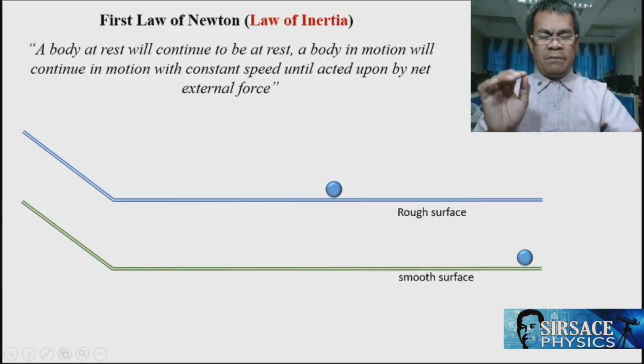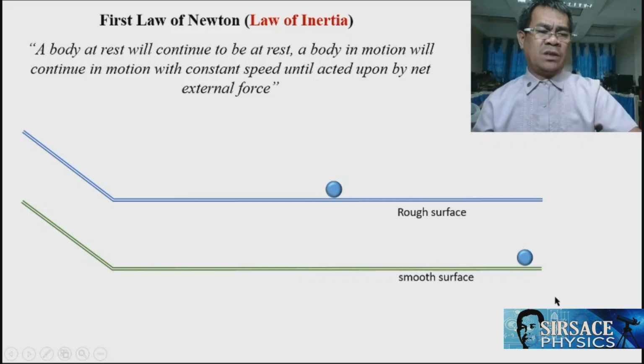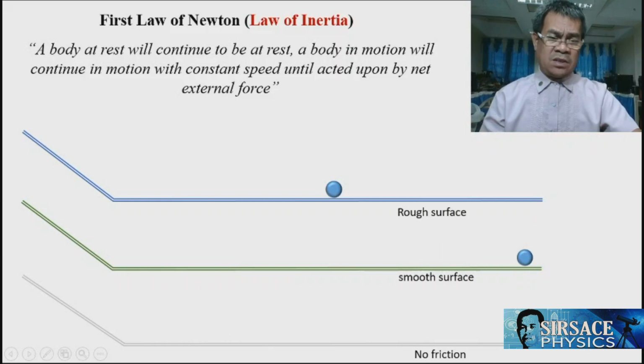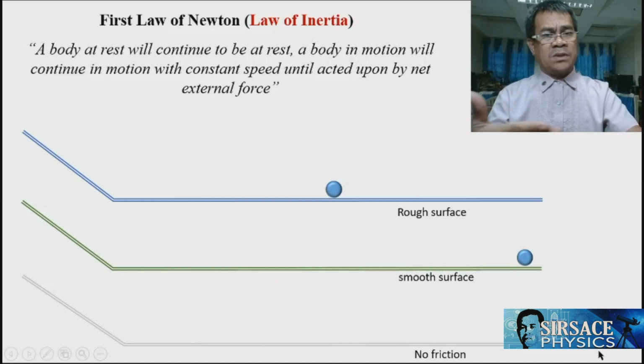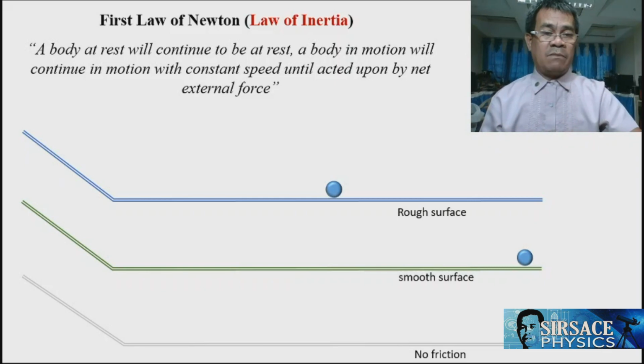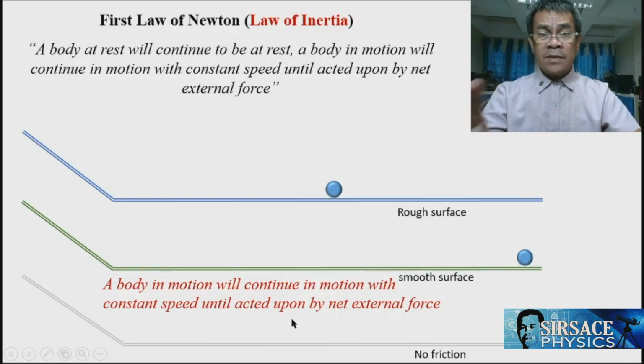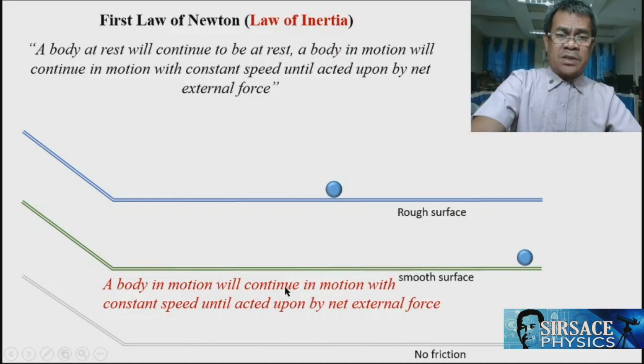So if we imagine that there is no friction between the rolling object and the surface, then releasing an object on the upper end, it will move forever. So therefore, the object moves at a constant speed without stopping unless acted upon by a net external force. So a body in motion will continue in motion with constant speed until acted upon by a net external force.